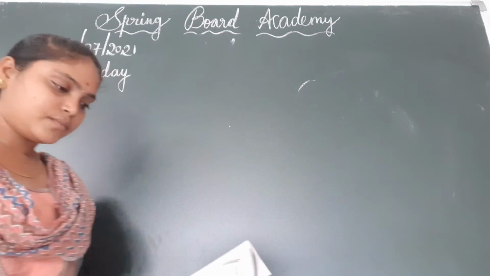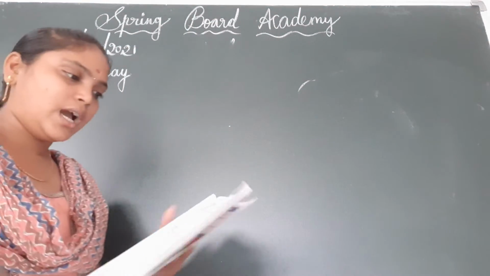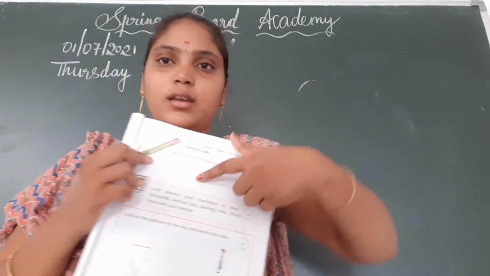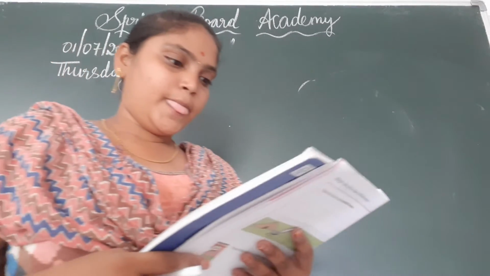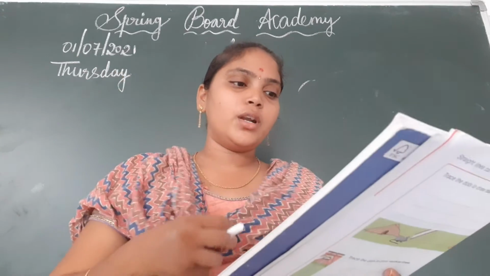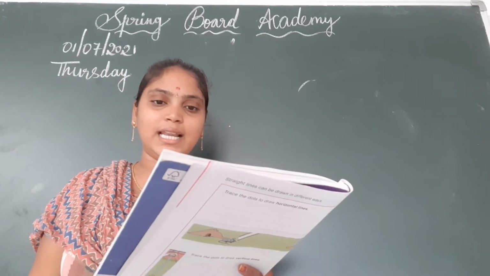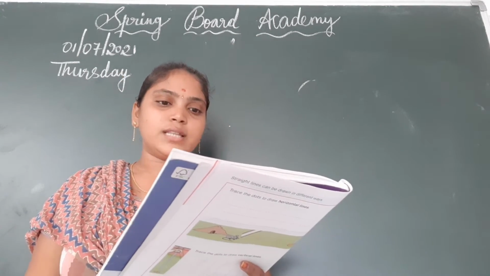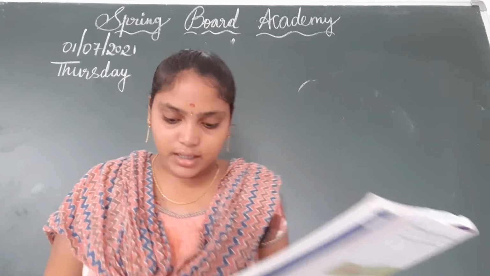Next. Okay children, you have to trace the dots. Next, look around your classroom to spot horizontal, vertical and slanting lines and share them with your teacher.